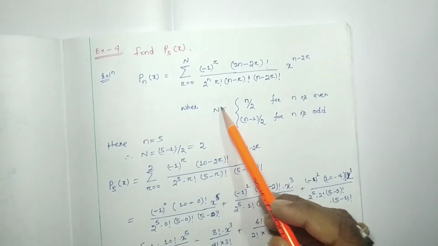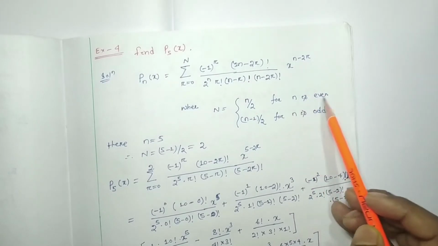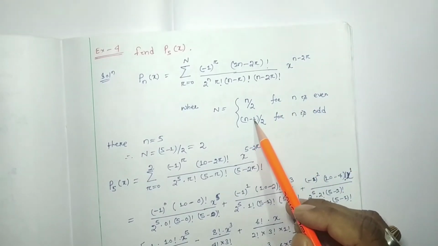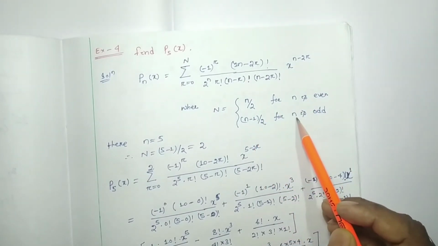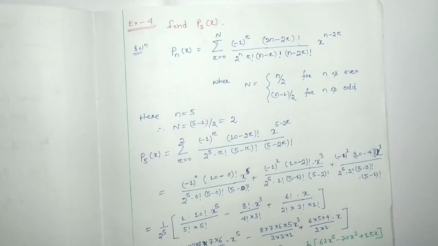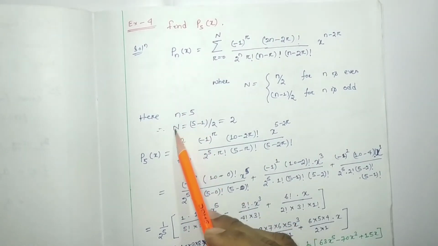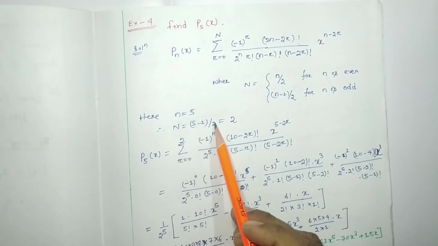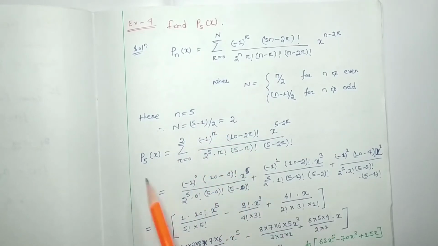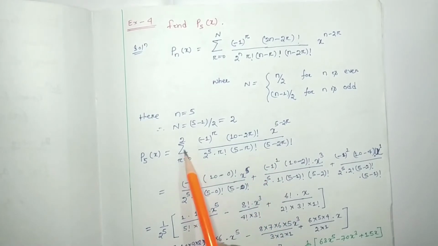Here capital N will be equal to n/2 for small n even, and (n - 1)/2 for small n odd. So here n = 5 is odd, so capital N will be (5 - 1)/2, which equals 2.